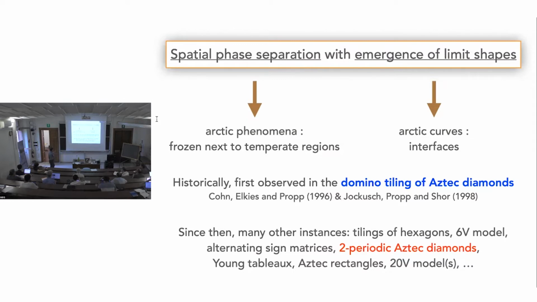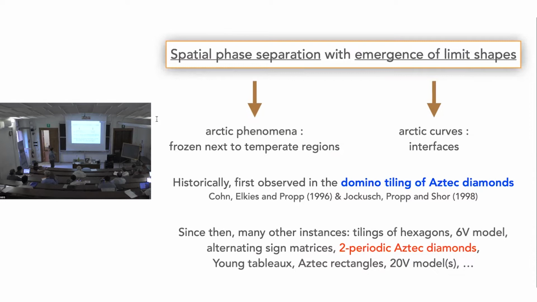In many cases, we have examples where frozen regions are next to temperate regions, which are entropic and which contain randomness. And this phenomenon is accompanied by the emergence of limit shapes, which is somehow the fact that the interfaces between the different regions become deterministic curves in the scaling limit.